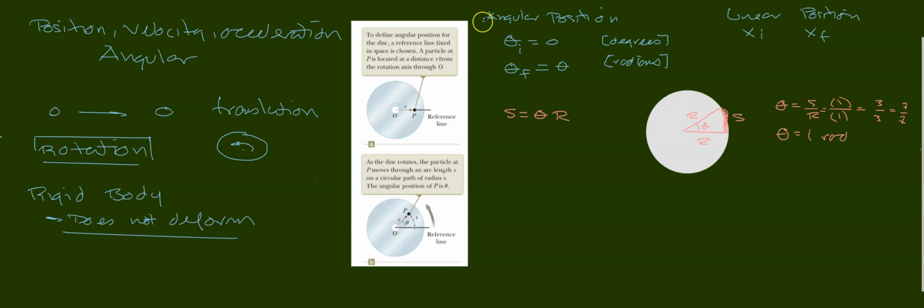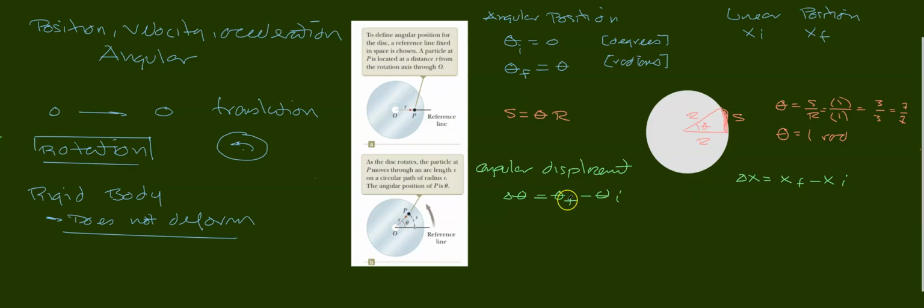Look, first, we got angular position. So what about angular displacement? It is going to be delta theta, the final angle minus the initial angular position, which is just the equivalent of linear displacement, position final minus position initial.